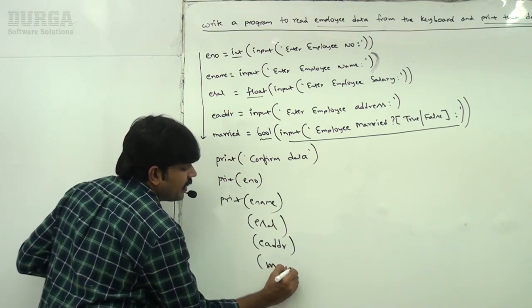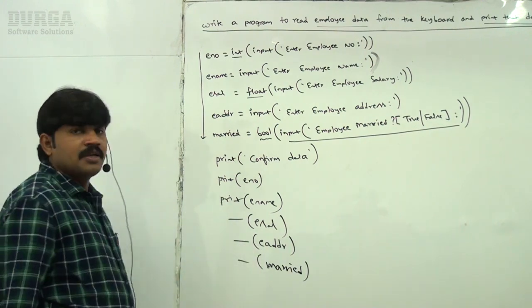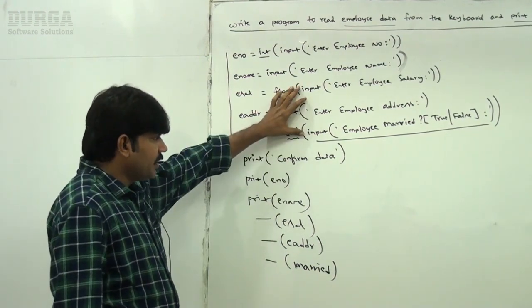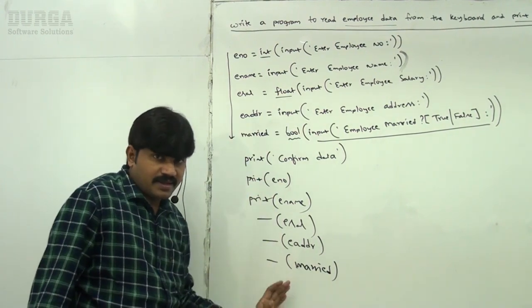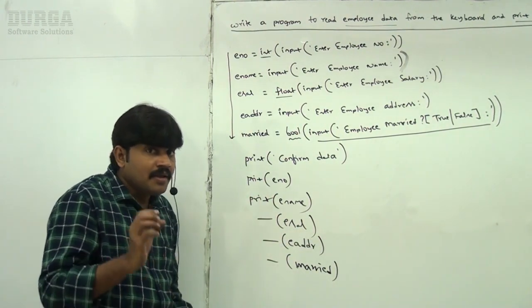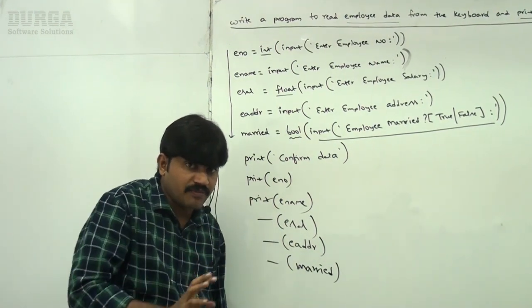Of course, print statements are there. This is my small program. So read employee data and print that data back to the end user for confirmation sake. Just a simple example, you can understand very easily, sir.